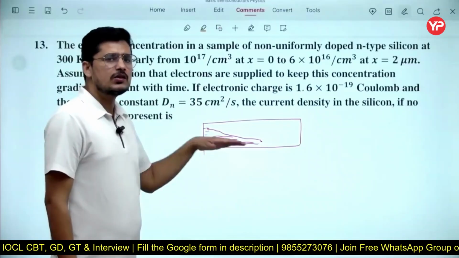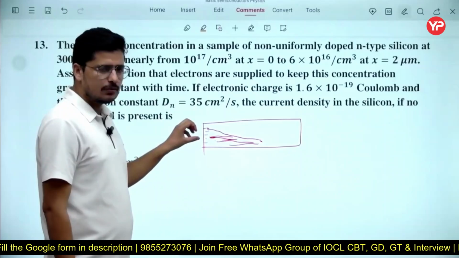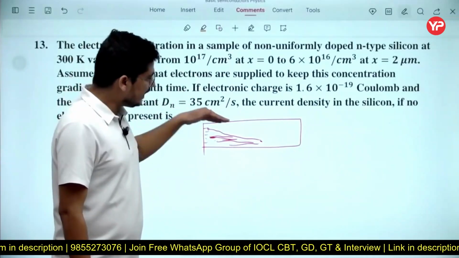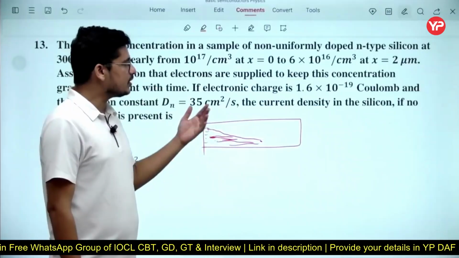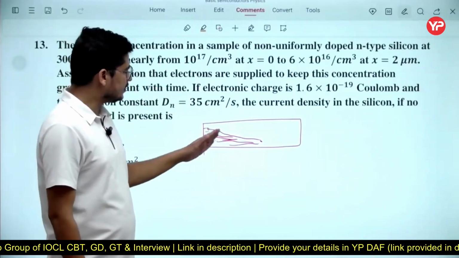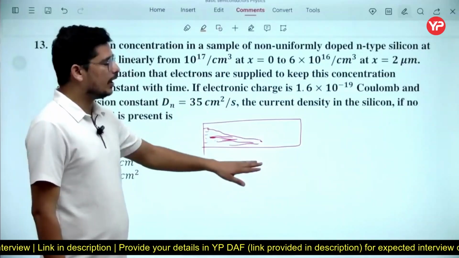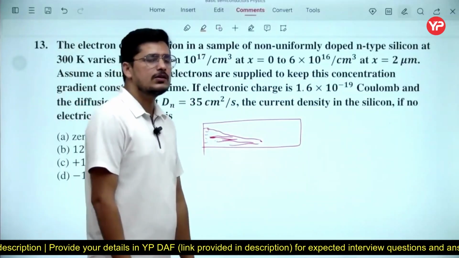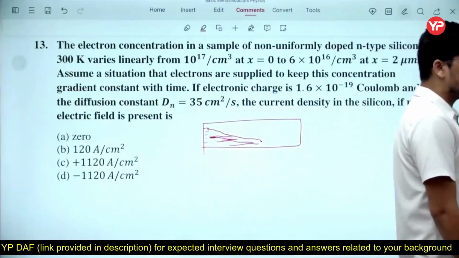But if you continuously supply electrons from this side, the concentration gradient remains there, and electrons keep going from higher to lower concentration. It means they are contributing one type of current there.